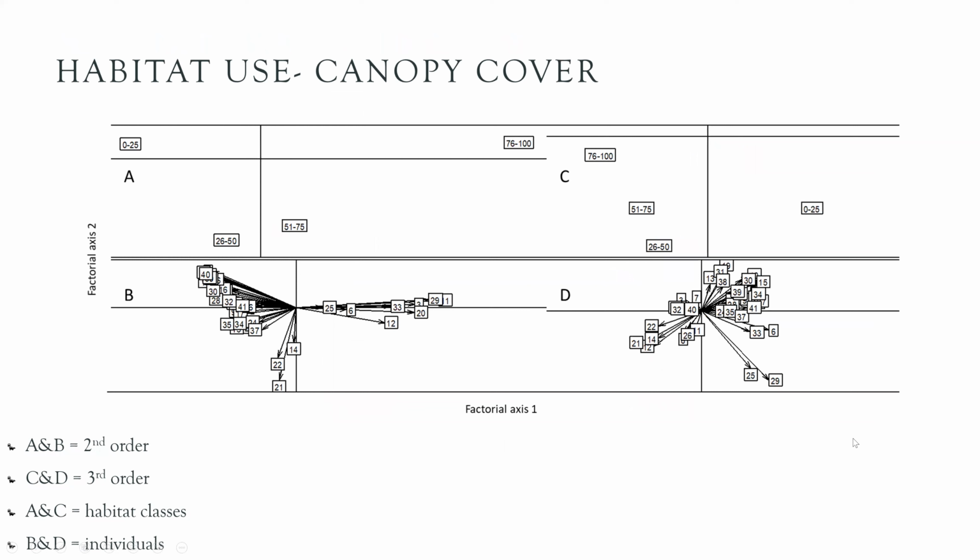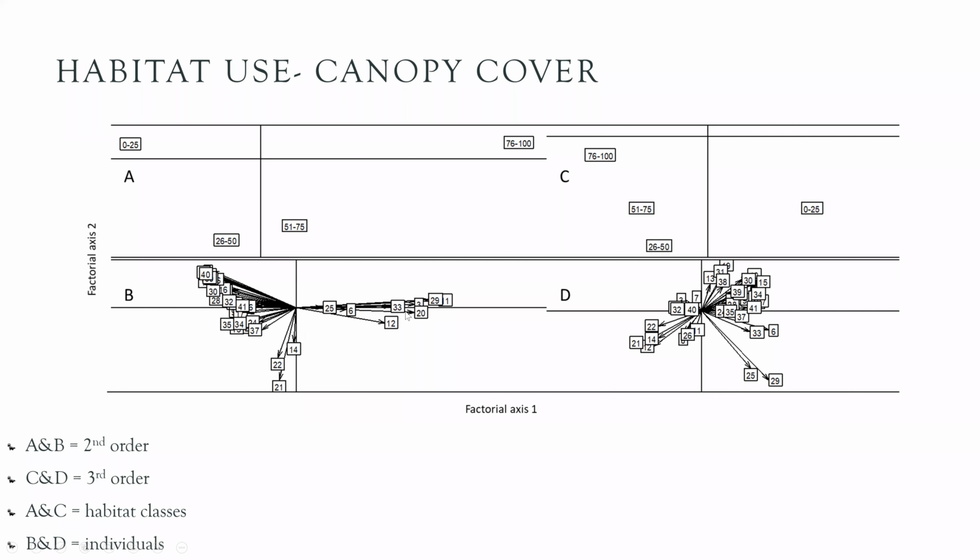Okay, so with canopy cover, we again see our canopy cover categories up here, 0 to 25%, 26 to 50, so on and so forth. And down here, we can see we had a large group of individuals that were selecting for these lower canopy cover classes with 0 to 50% canopy cover on this side.